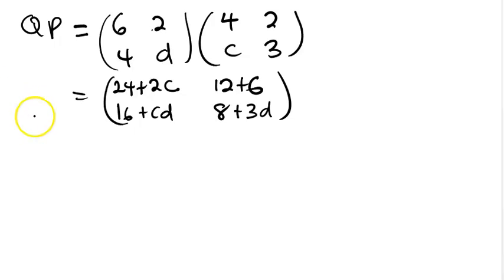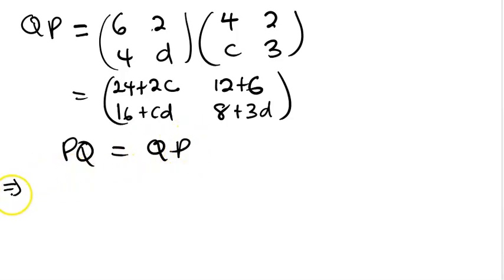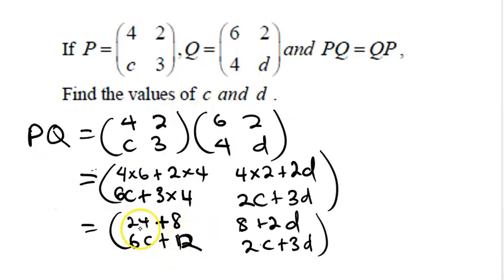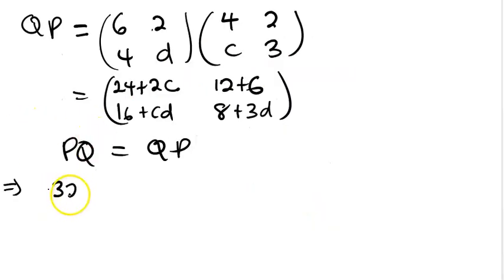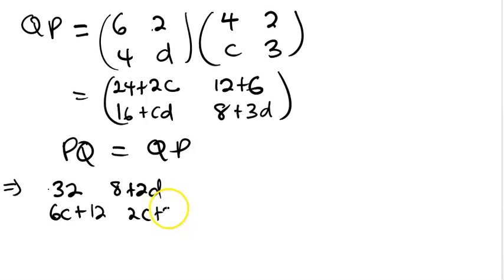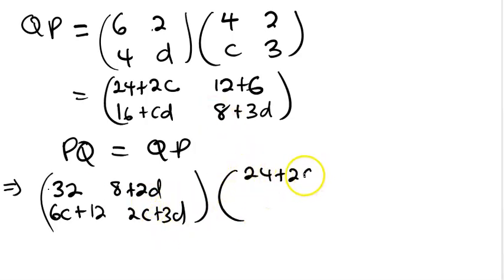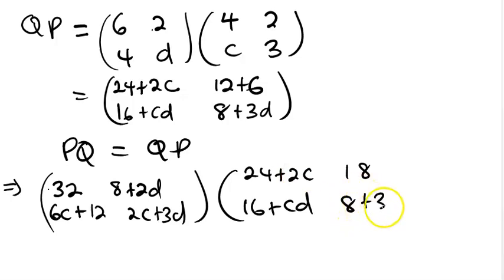Now we have been told that PQ is equal to QP. So PQ, 24 plus 8, that will be 32, then 8 plus 2D, and then 6C plus 12, 2C plus 3D, is equal to 24 plus 2C, and then 12 plus 6, which is 18, then 16 plus CD, then 8 plus 3D.